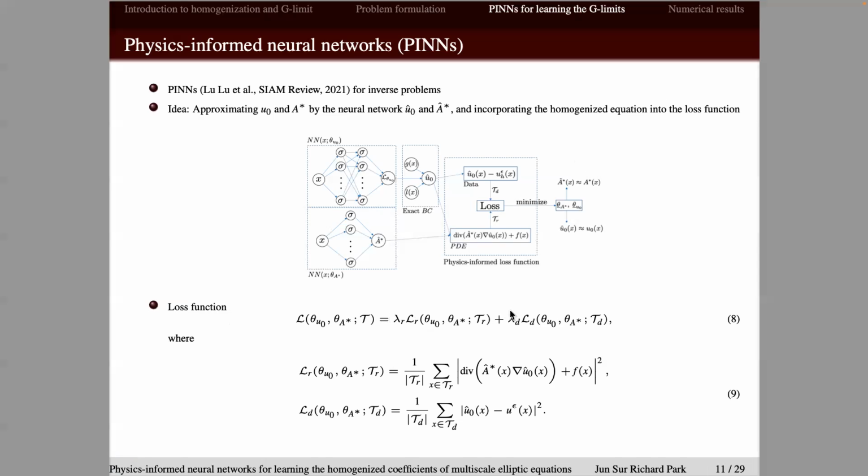This lambda_r and lambda_d are the weights that balance between these two loss terms. The first loss term considers our PDE residual, and the second loss term considers our data fit, and these are evaluated at training points T_R and T_D respectively, which are chosen from our spatial domain. So we evaluate our loss functions at our training data.